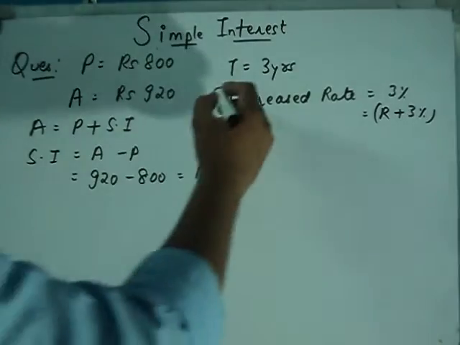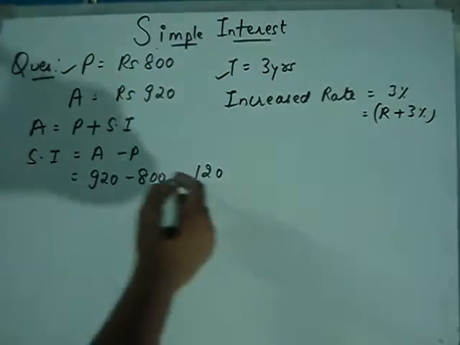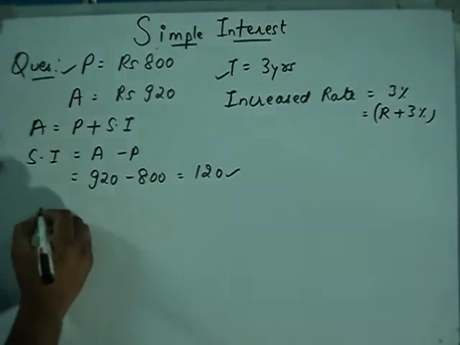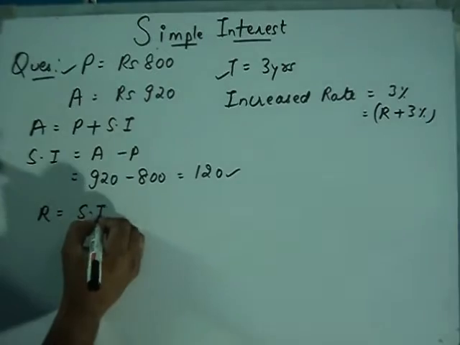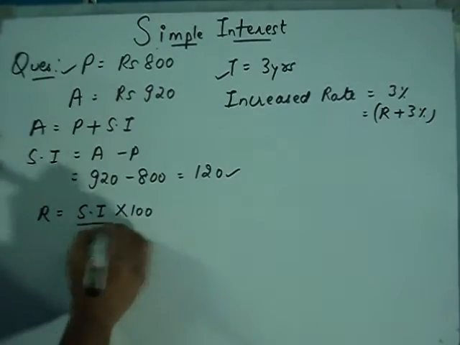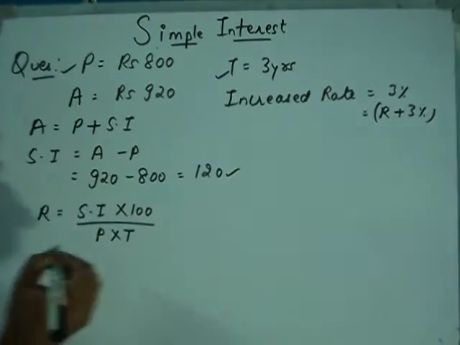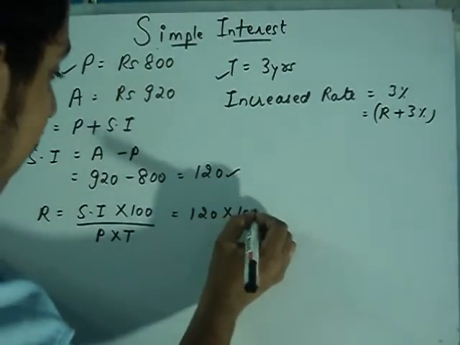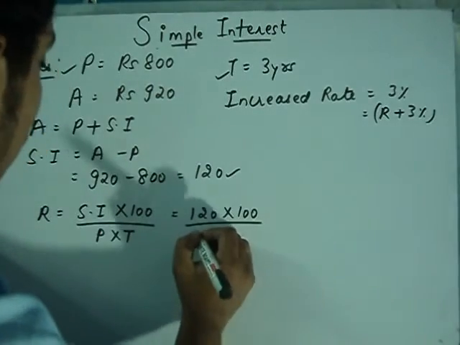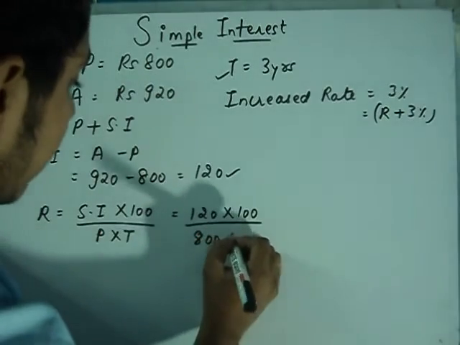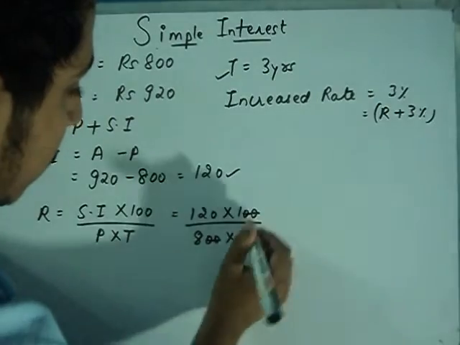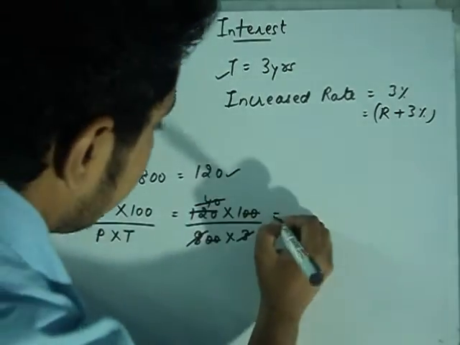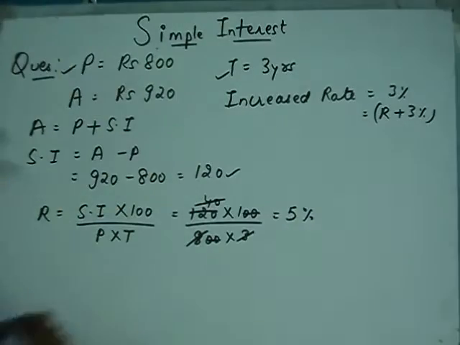We have the time, principal, and SI, so we can calculate the rate of interest: R equals SI into 100 upon principal into time, which is 120 into 100 upon 800 into 3. After cancellation we get our rate of interest as 5.